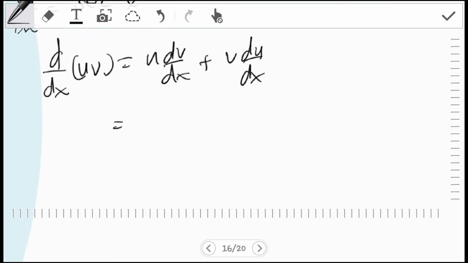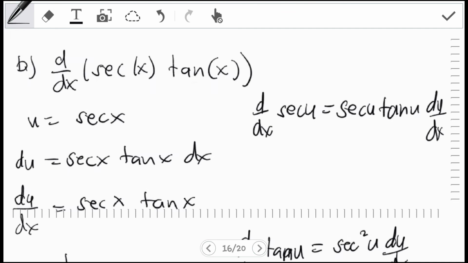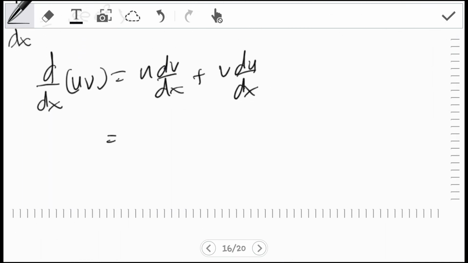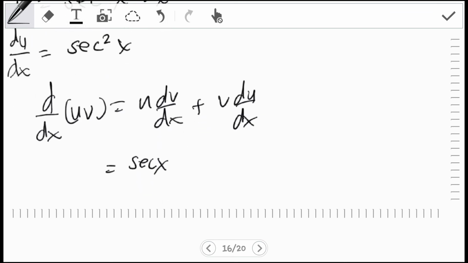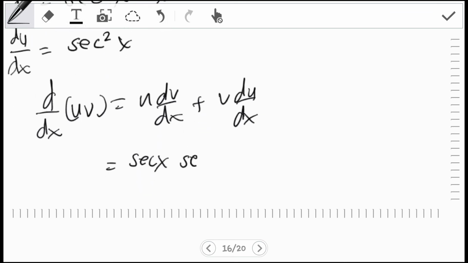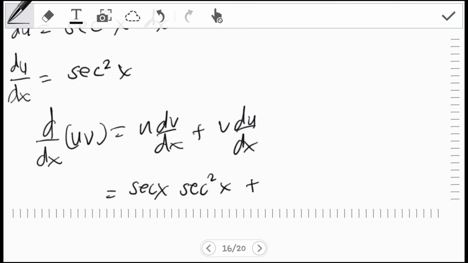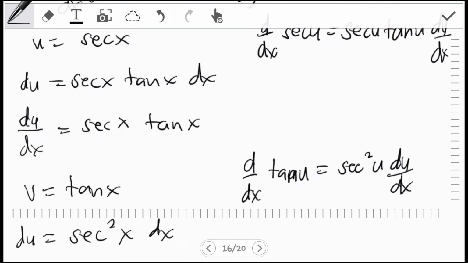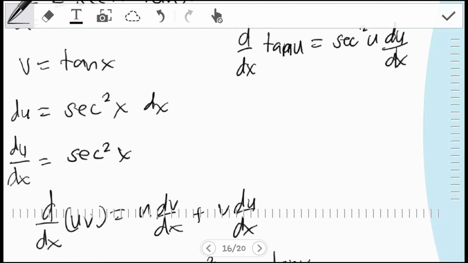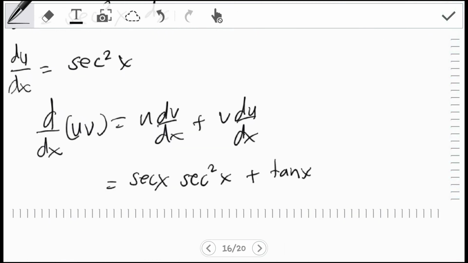Okay, so where u is secant x, then dv over dx is secant squared x, plus where v is tan x, then du over dx is secant x tan x.